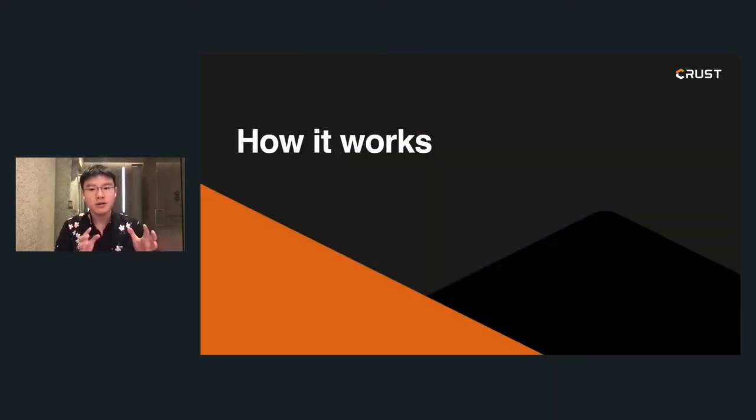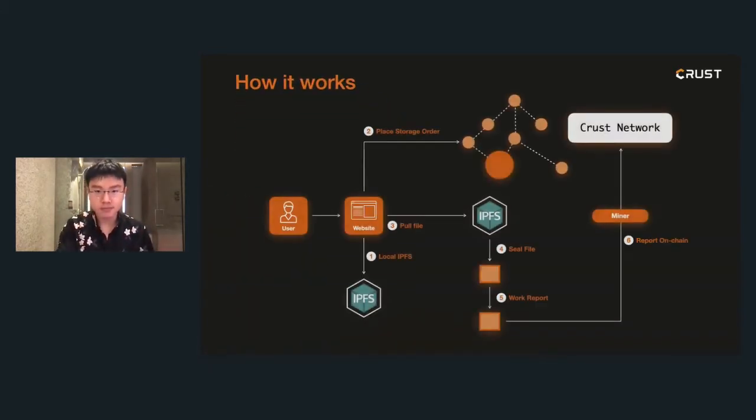So now everybody may have a question, right, on how this magic works. This graph shows the simplest working flow of the whole story. After the user pins and places a storage order, the storage nodes on Crust network will know there is a new order, and the node will start pulling the user's data through the IPFS protocol, and then it will seal the data so that the Crust protocol can know the node indeed stores the data.